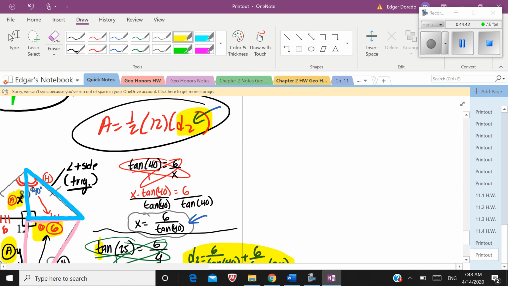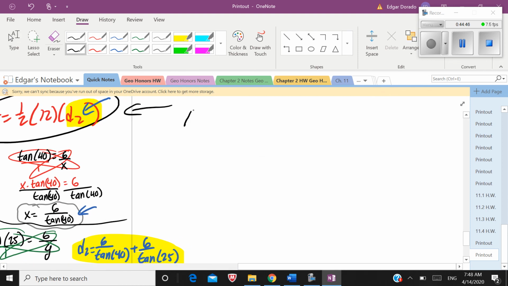So let's rewrite this whole formula out one more time. Ready? Area equals 1/2 times 12 times diagonal number 2, which was 6 over the tangent of 40 plus 6 over the tangent of 25.